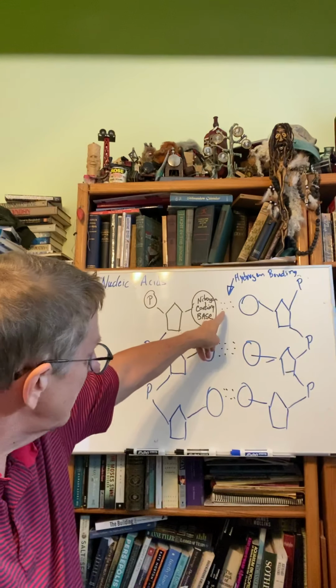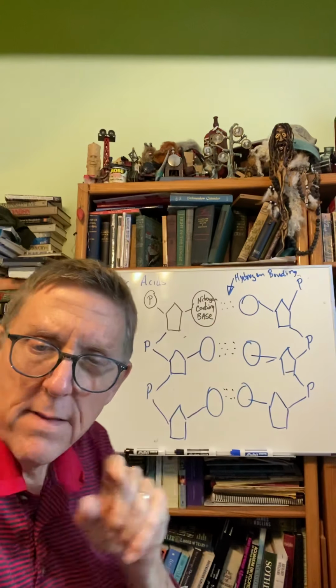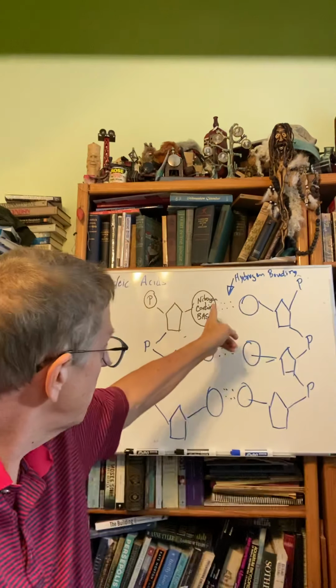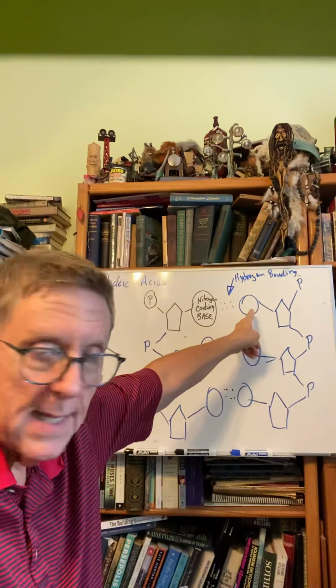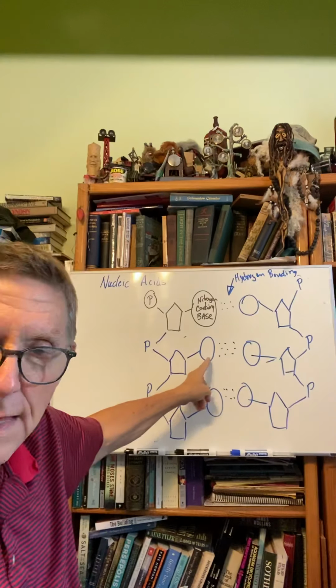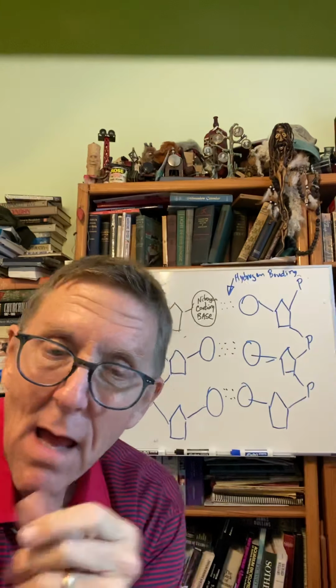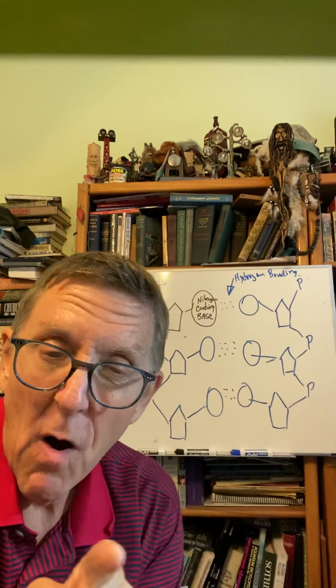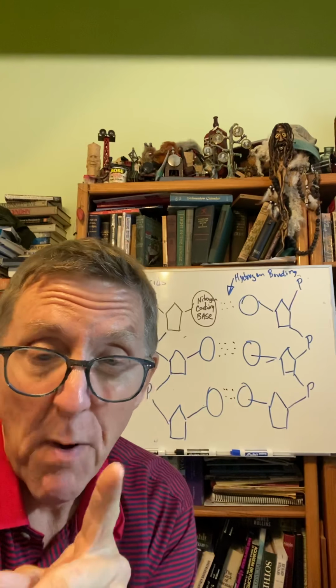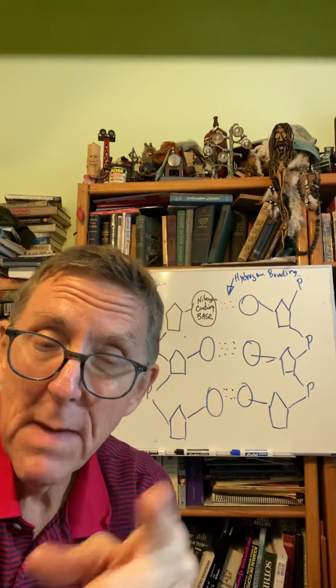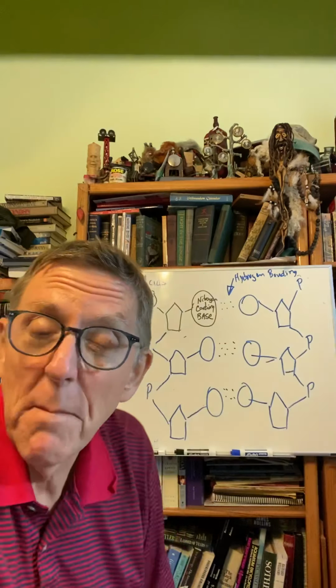But you see we have these little dots between the bases there. And I said this might be an A, and this might be a T, and this might be a C, and this might be a G. Those dots are hydrogen bonds. So if you remember, we were just talking about bonding, right?